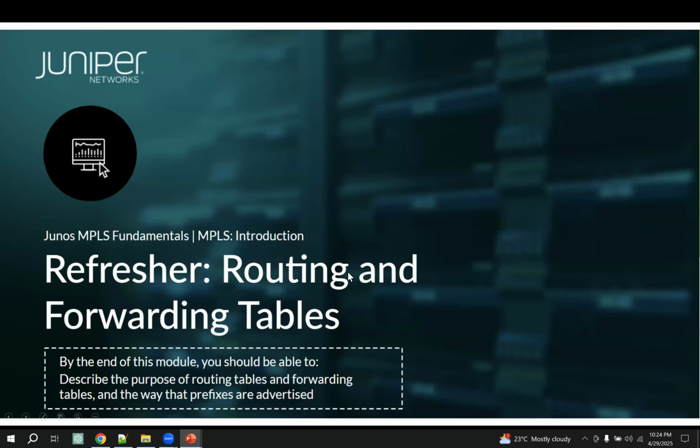So let's start the refresher on routing and forwarding tables. In this section, we will discuss routing and forwarding tables. We already know this one. What is the routing table and what is the forwarding table? The routing table is where you have multiple paths towards a specific destination.